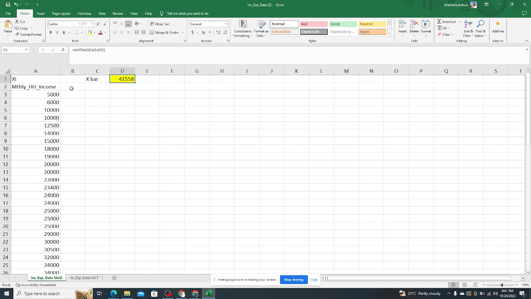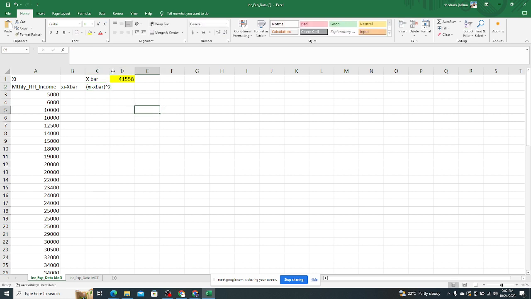So in this case, we want to calculate xi minus x bar. Then after that, we'll do xi minus x bar squared, or raised to 2.